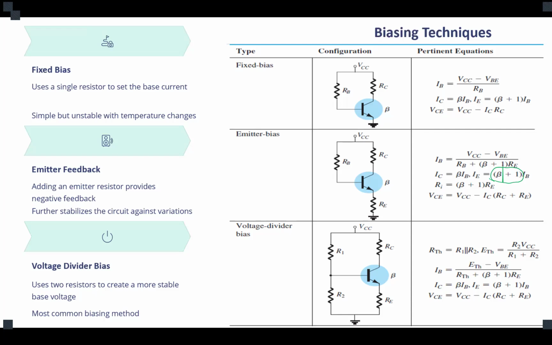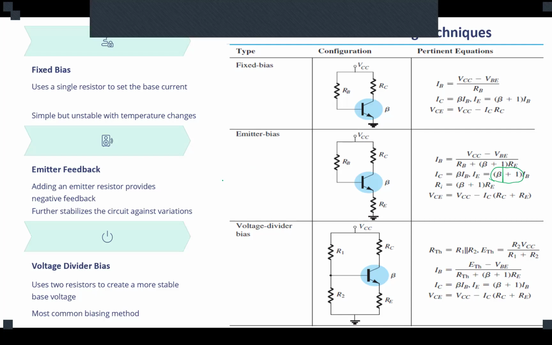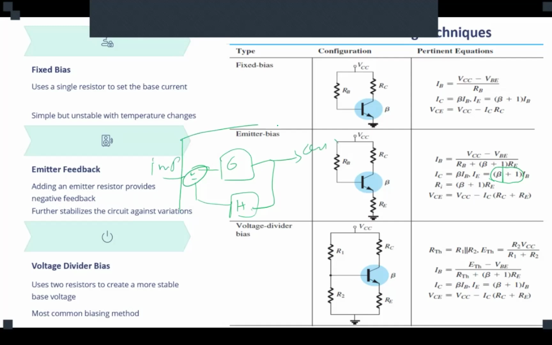The plus one, I don't know if you passed the control system course or not. When you have a negative feedback, the general transfer function of the whole system, which defines the input and output, becomes G over 1 plus GH.